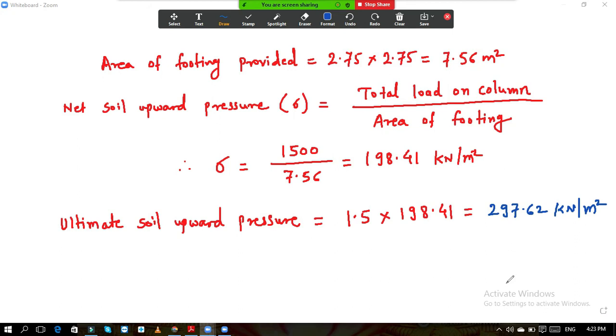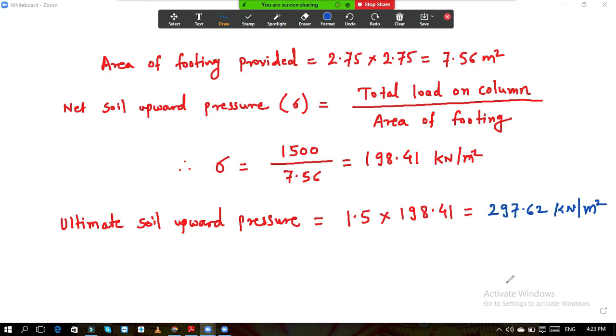Now here completes your first step, calculation of upward soil pressure. What we have done: from the load of column, we have assumed 10% weight of footing. Then from total load we have calculated the area of the footing. Then we provided some area by rounding up the dimensions, which is in excess of the required area. After that we calculated net soil pressure on the footing, and the formula I have already written on the board.